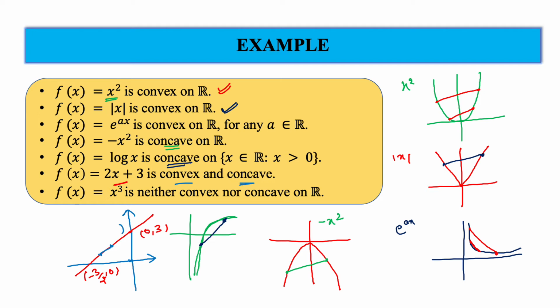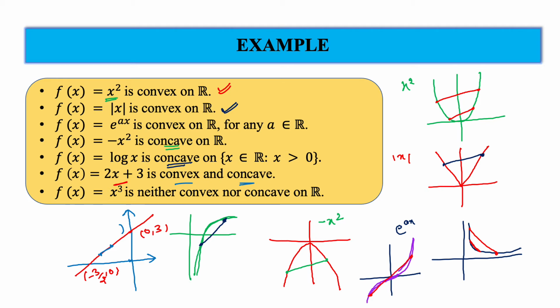And the last example is x³. If you draw the graph of x³, it will look like this, passing through 0. Now take any two points and draw the chord.